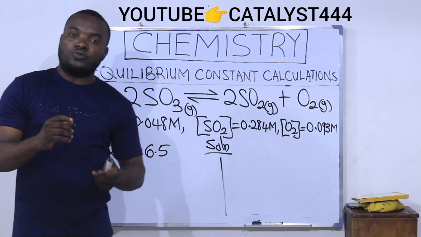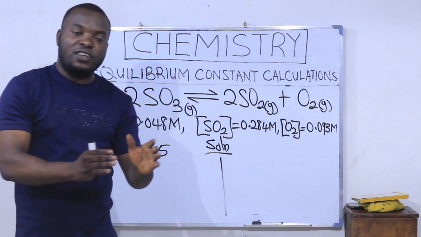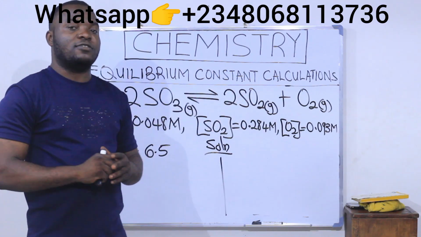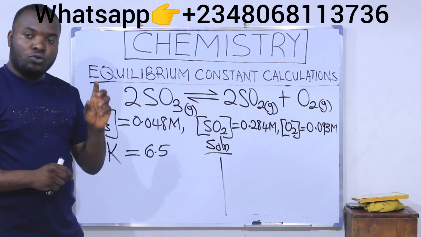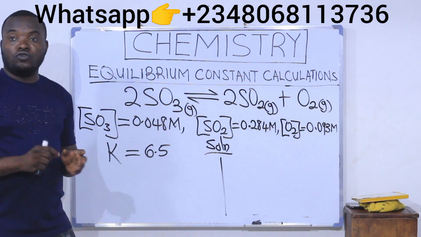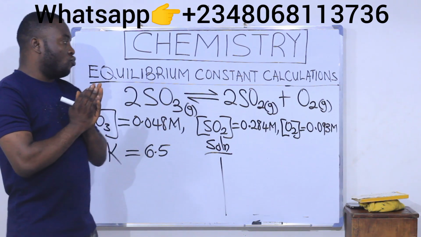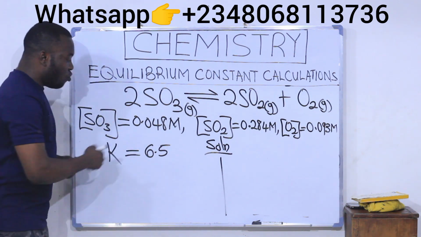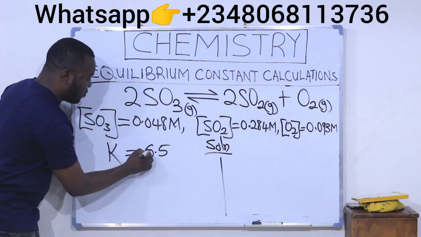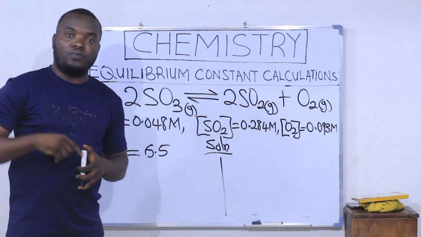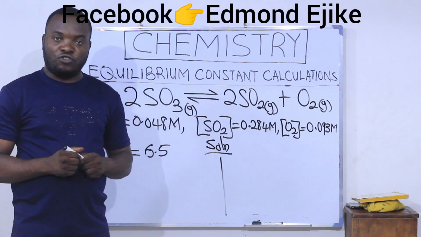Anytime you are given the equilibrium constant and the concentrations of the species present, and you are asked to use the values to predict the direction of equilibrium, all you need to do is simple. Now that you already have the equilibrium constant, the next thing you calculate is the value of your Q, which we call the reaction quotient.